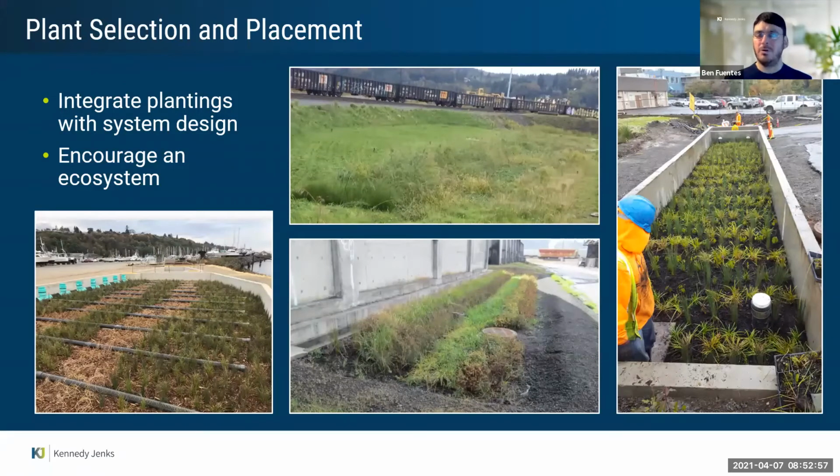If they're going to be better off in the dry conditions, you might place those on the outskirts of your media. But ultimately, you're working with a landscape architect or a planting specialist to develop a planting plan, a planting layout that really encourages an ecosystem.